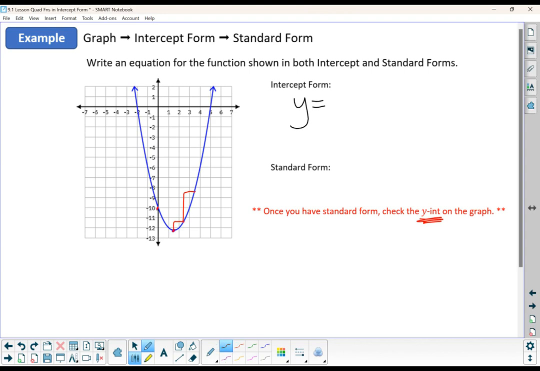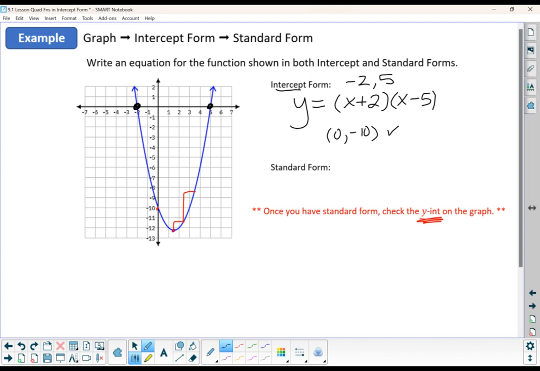In intercept form, we use the x-intercepts. I can see that the intercepts are negative 2 and 5. So my function has a factor of x plus 2 and a factor of x minus 5. I suspect that is the correct intercept form. I think my a value here is just 1, but you can check because if you sub in 0, you get 2 multiplied by negative 5, which is negative 10, and that matches the y-intercept.